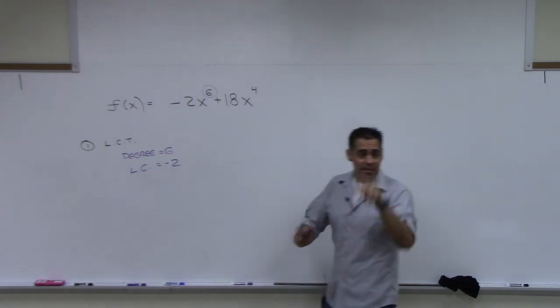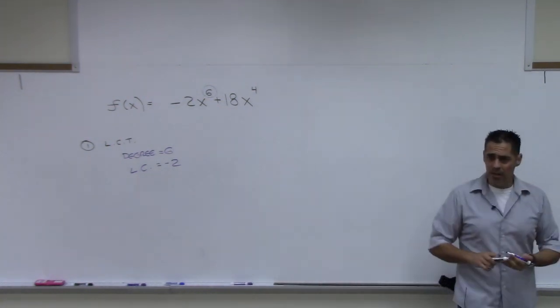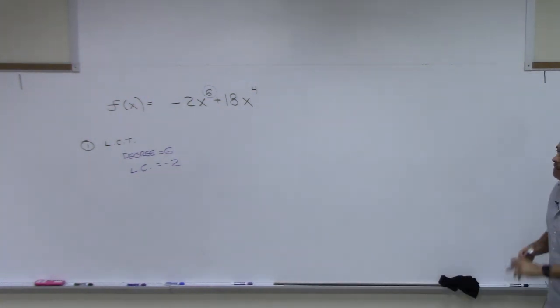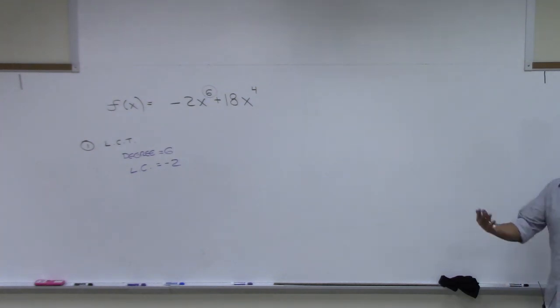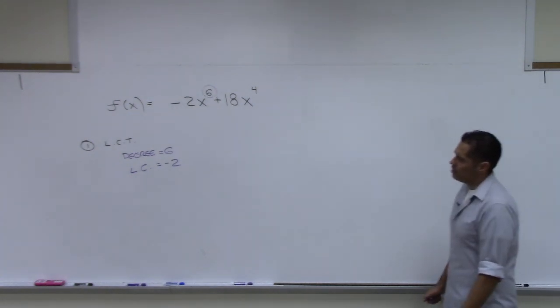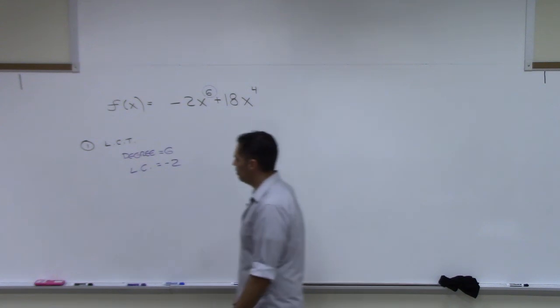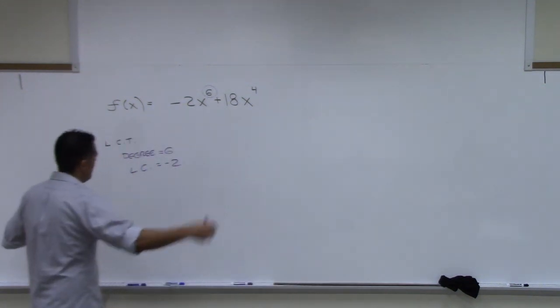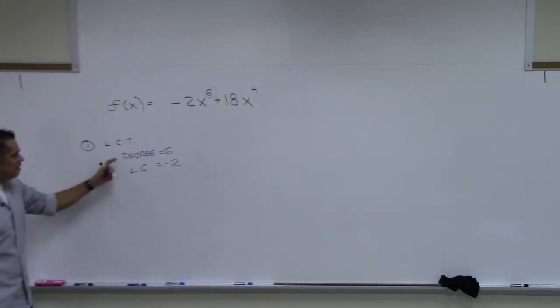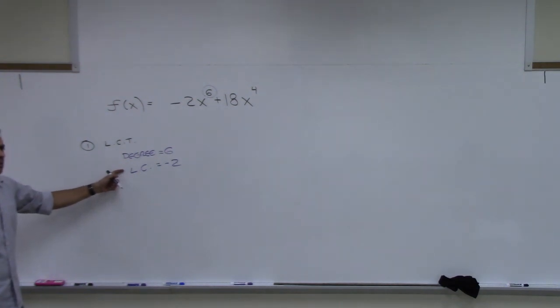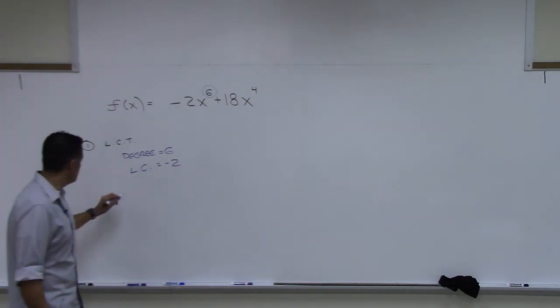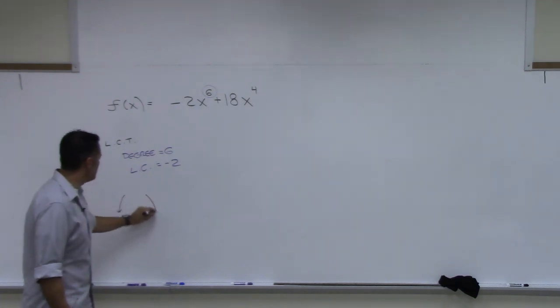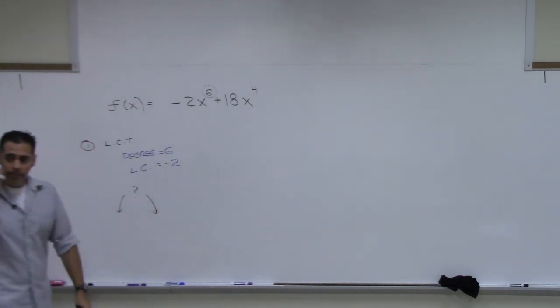And then I have to go look at that table, that chart that I had messed up in class, and from that chart, which you should have on your reference sheet, you will determine what happens. What does this graph look like on the edges? If your degree is even and your leading coefficient is negative, down on both sides. So the left side will go down, the right side will go down, in the middle you don't know. Okay?